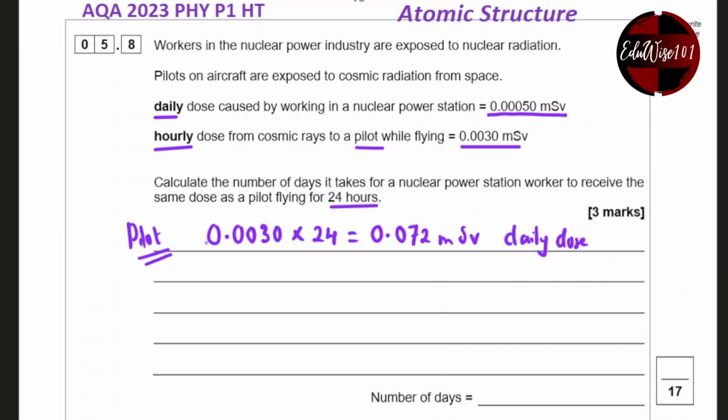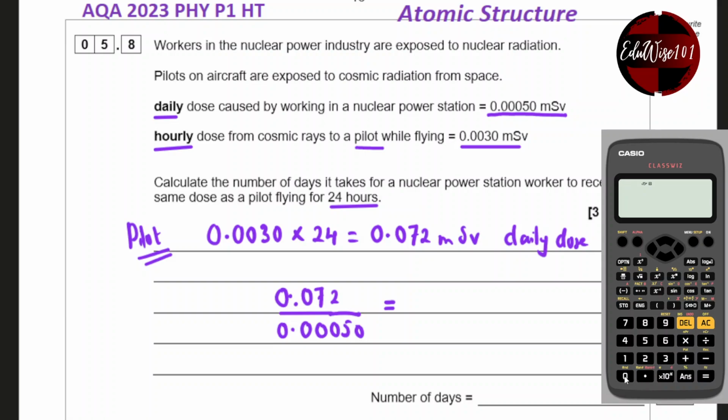Right? So calculate the number of days it takes for a nuclear power station worker to receive the same dose. So if I divide 0.072 by the dose received by the nuclear power station worker, which is 0.00050, let's bring in the calculator for this just to make sure.